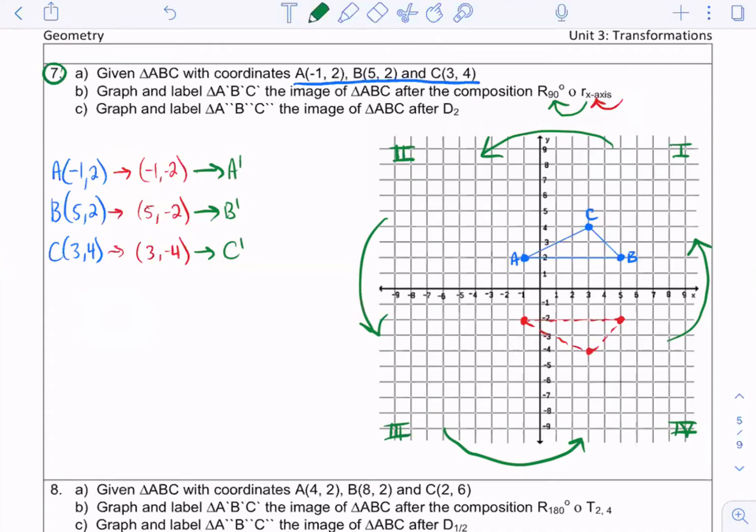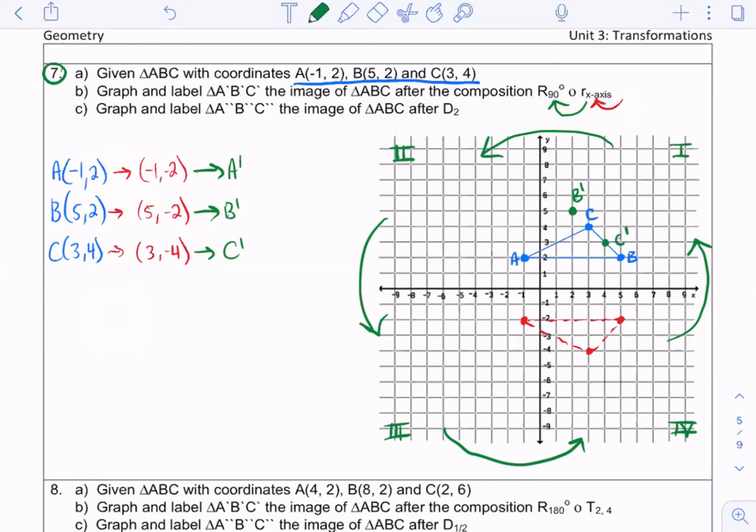So for point B, 5 to the right, 2 down should mean 5 up and 2 to the right. So here's my B prime. 3 to the right and 4 down means 3 up and 4 to the right. So here's my C prime.